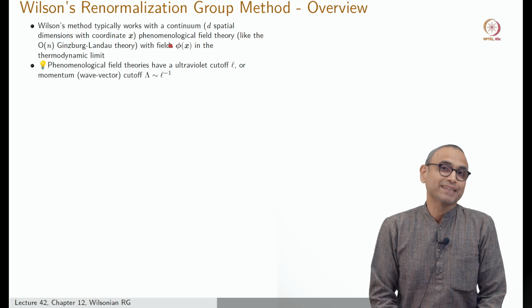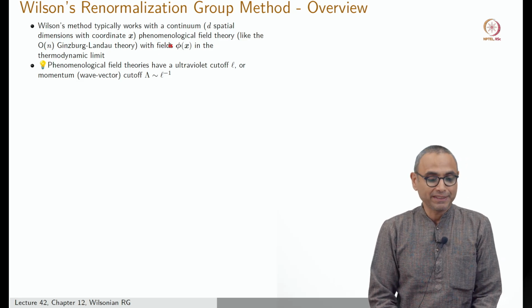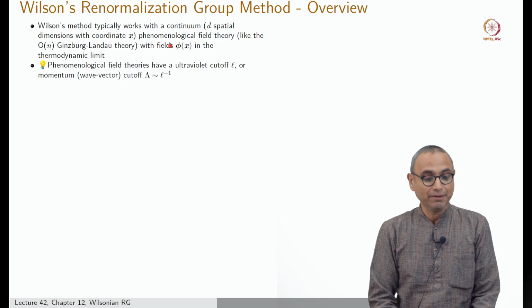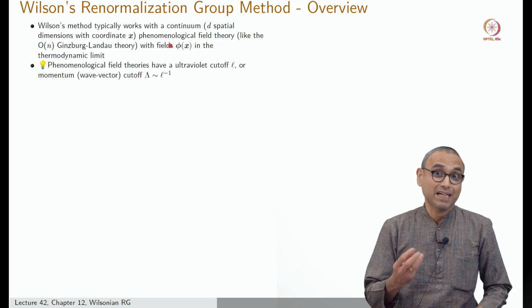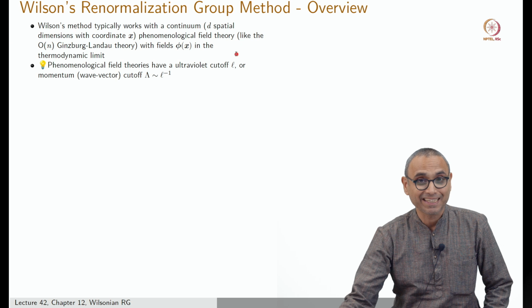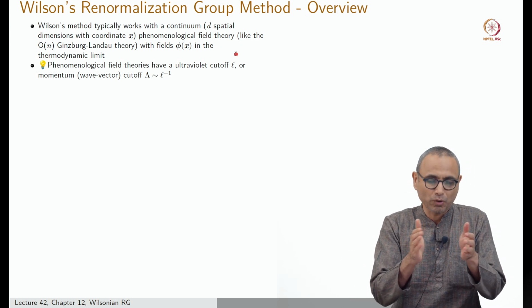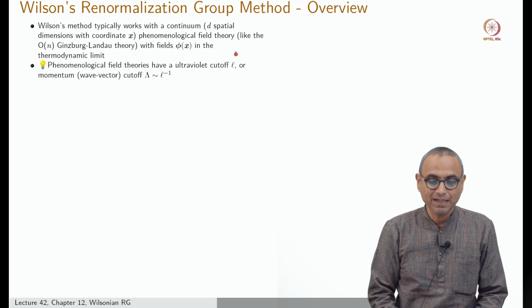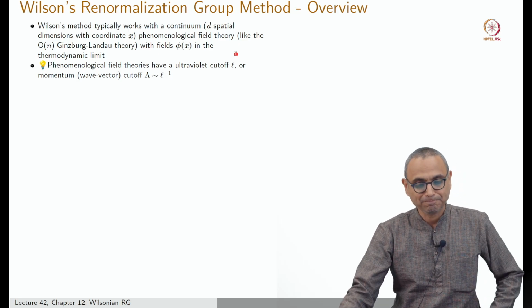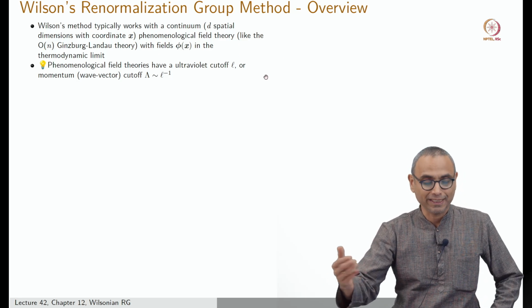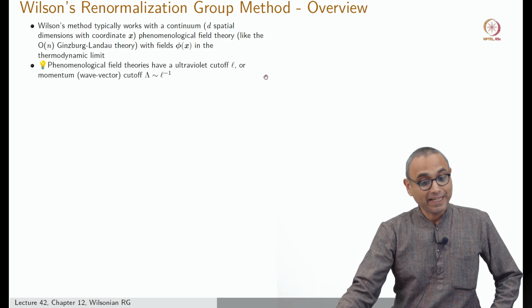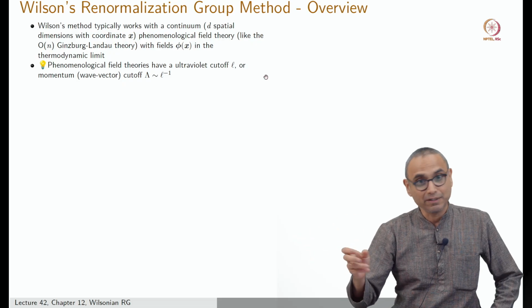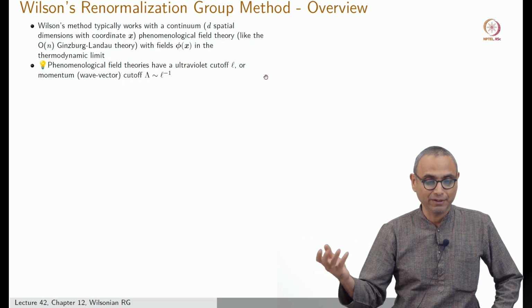A very important thing that was well appreciated by Wilson and really emphasized by him is that all such phenomenological field theories always come with an ultraviolet cutoff length scale, which we call little l here. This could be like a lattice parameter or some slightly coarse-grained length scale, but typically an atomic length scale, at least in the context of problems like magnets. It can be some other unknown length scale if you think in terms of field theory of elementary particles.